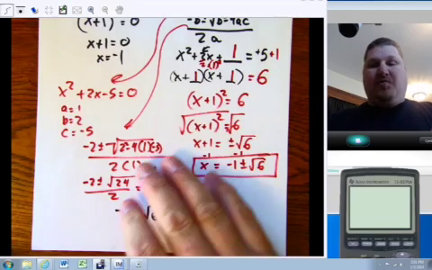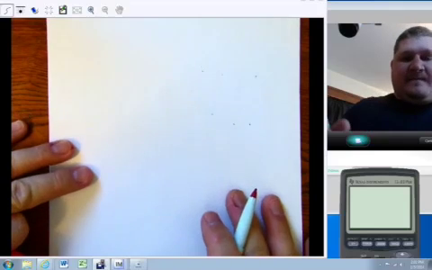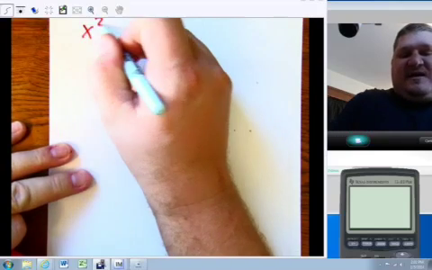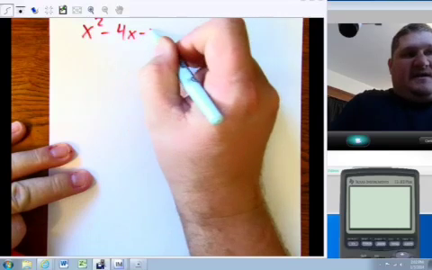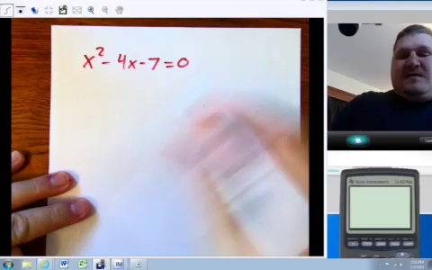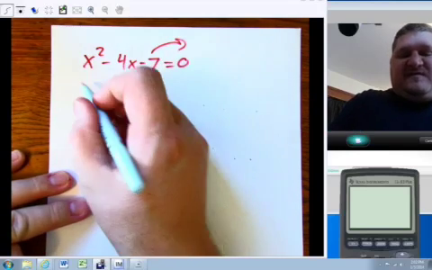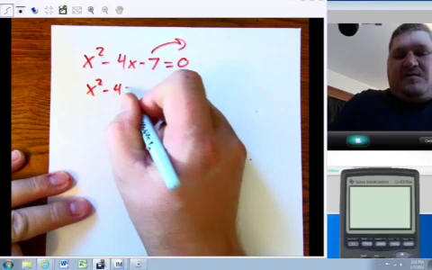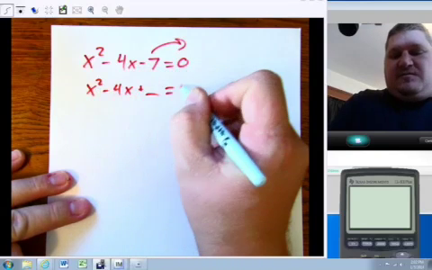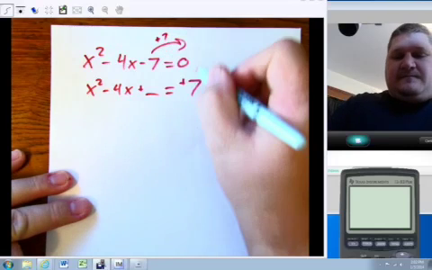So, quick review. Given a problem, x squared minus 4x minus 7 equals 0, I'm going to move the offending term to the other side. x squared minus 4x plus blank equals positive 7 using addition.